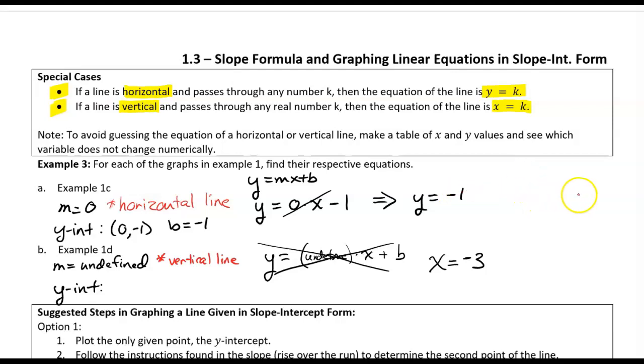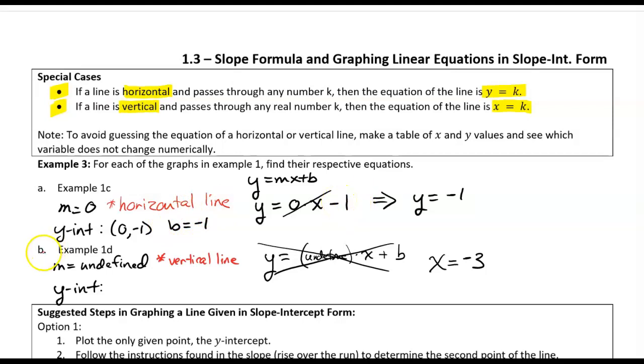Then the equation of this line is given by y equals mx plus b. That m is the slope, and the point (0, b) is the y-intercept, because if it's crossing the y-axis, it's going to have this form. So 0 is the x, and our y value is that b part that we're adding.